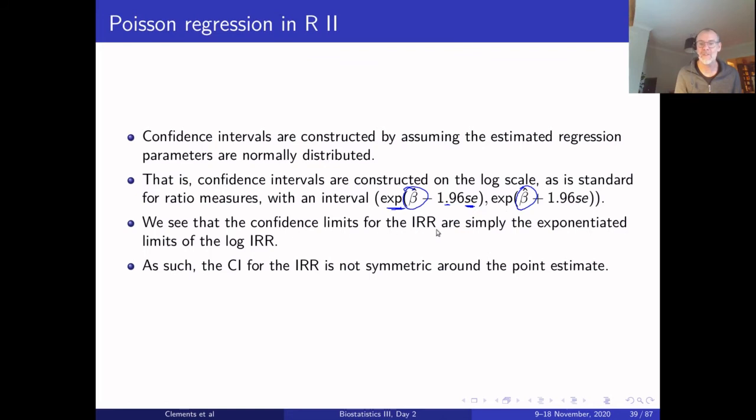So you see that the confidence intervals are simply the exponential limits of the betas, and that the confidence interval for the incidence rate ratio is not symmetric around the point estimate for the IRR. It'll be symmetric around the point estimate for the log IRR.